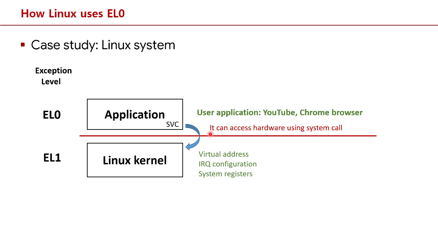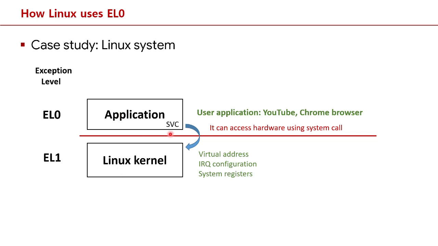But in this situation, the user application can use the system call. The system call is an interface between exception level 0 and exception level 1. From the operating system perspective, the system call is an interface between user space and kernel space.